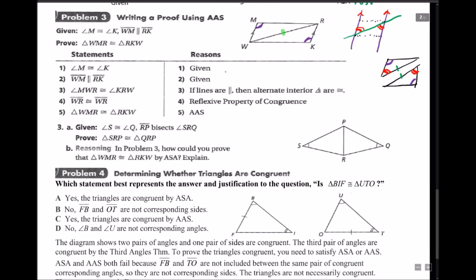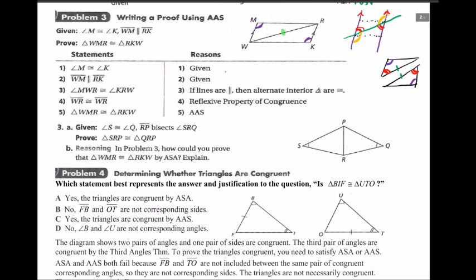Why didn't we use the other set of alternate interior angles? Well, look at where they are. They go here and here, correct? Well, look, that goes beyond the triangle. Those are not part of the triangle. Alternate interior angles are going to be very useful to us in triangle congruence and when we're dealing with other figures that have parallel lines.